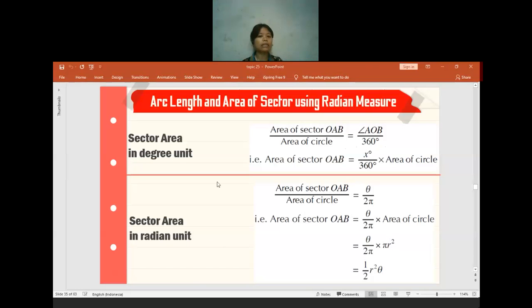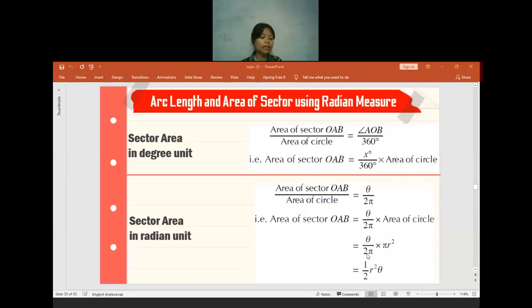So for the sector area, same thing. We can cancel the pi, because the area of a circle, the formula is pi r square, and the angle in radian we make it as theta. Full circle will always be 2 pi.